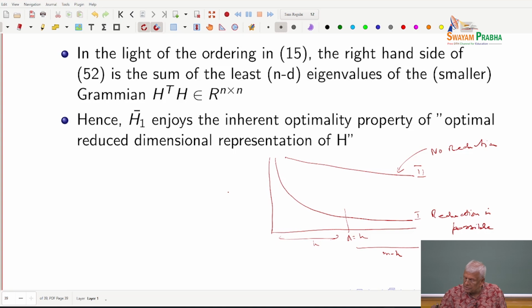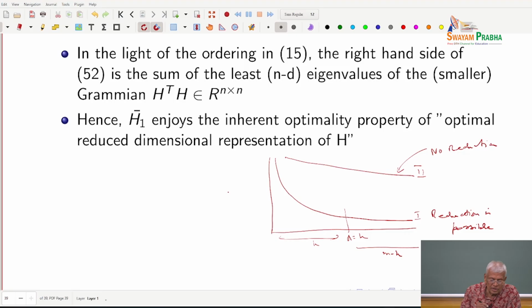It is this ability to bring about the reduction, optimal reduction in the representation from M to D. So, this is the idea of when the reduction is possible. I want to remind you that dimensional reduction is not always possible, it depends on the eigenstructure of the covariance matrix and how fast the eigenvalues decrease.